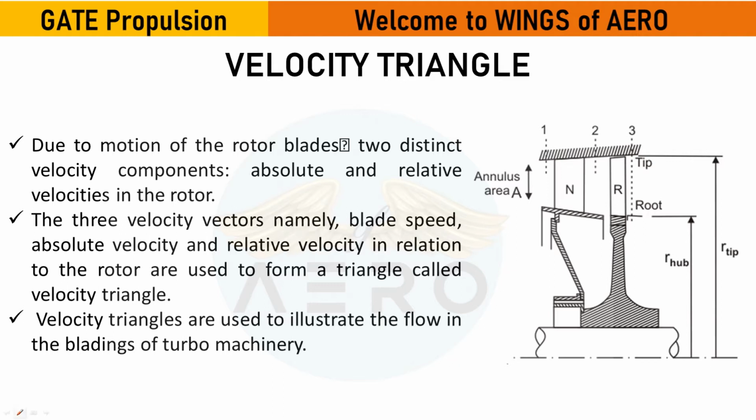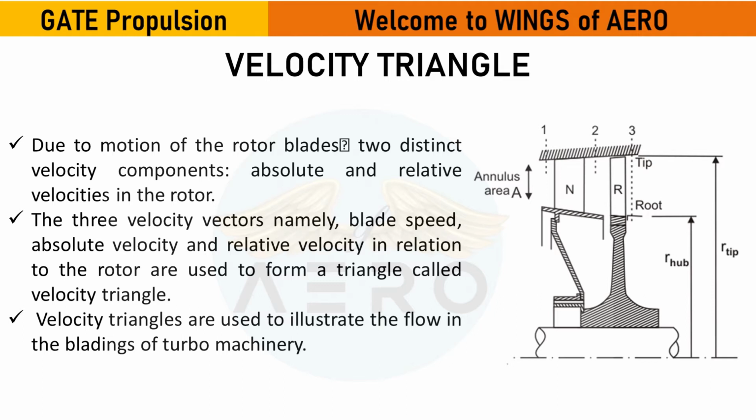Alright. As with the other velocity triangles we have seen, here also it is the same. Due to the motion of the rotor blades, it will cause two distinct velocity components.